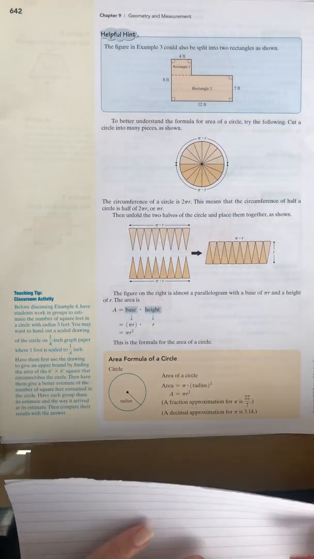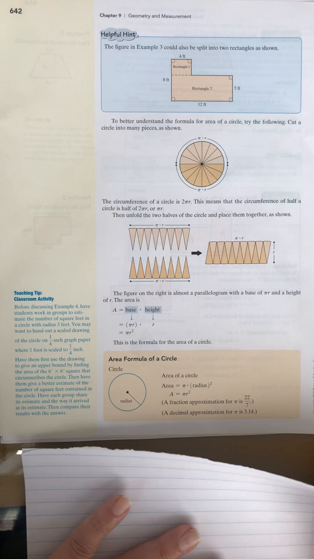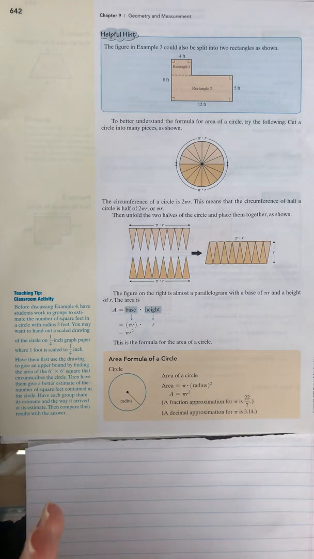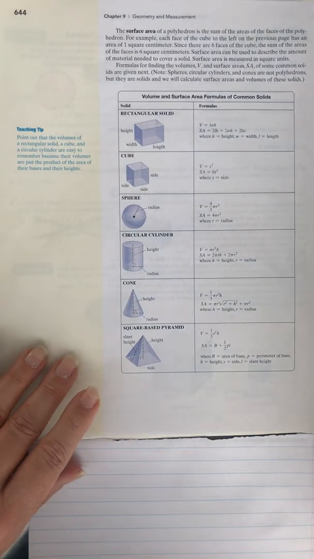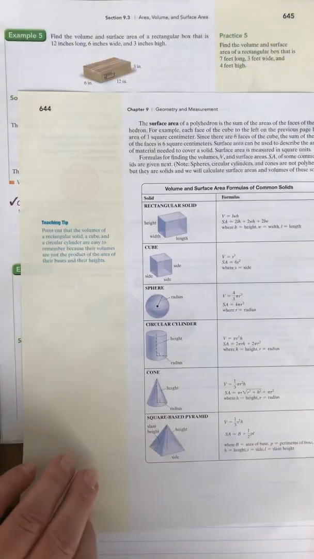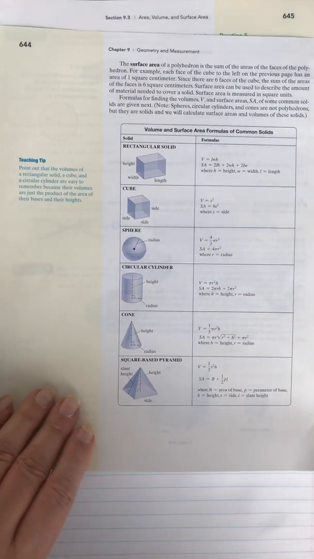Now for a circle, when you use pi, you can use 3, you can leave it in pi, you can use 3.14, or 22/7 is the equivalent of pi. So we are looking for example 4. Here is example 4.